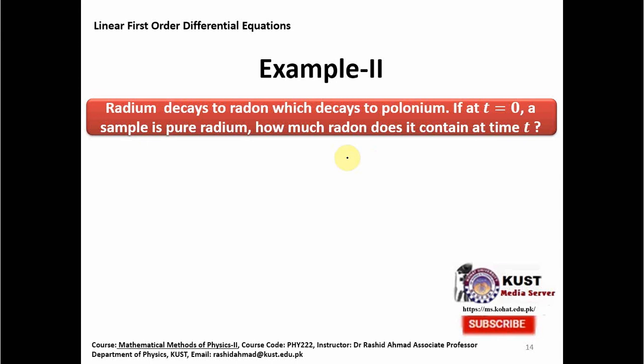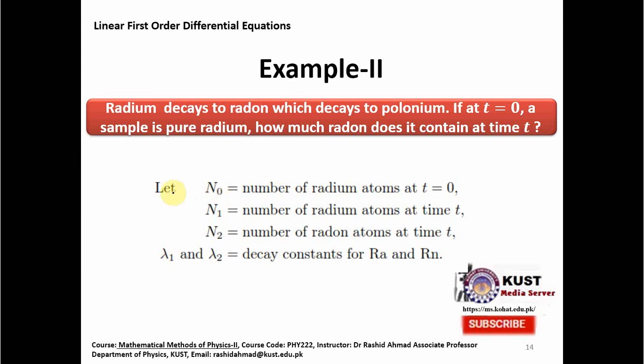This is a physics problem, as you can see, but in order to answer this question, that is, how much radon the sample contains at time t, we model this problem with the help of the linear first order differential equation. So let's call N naught the number of radium atoms at t equal to 0.